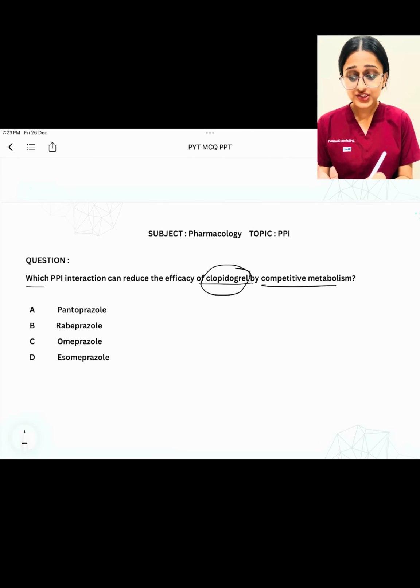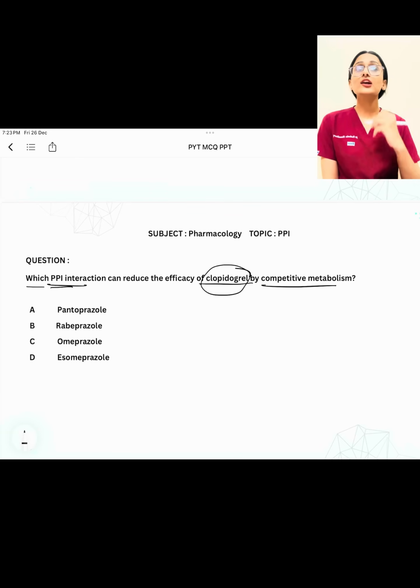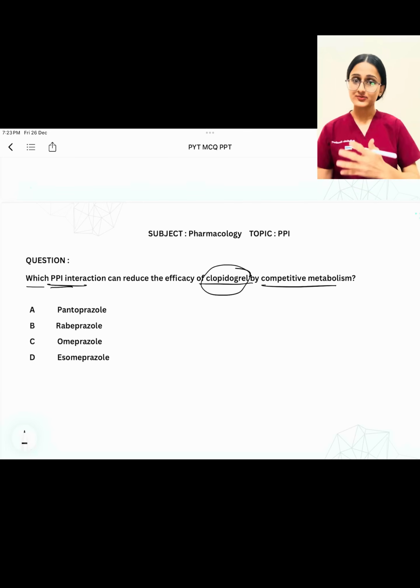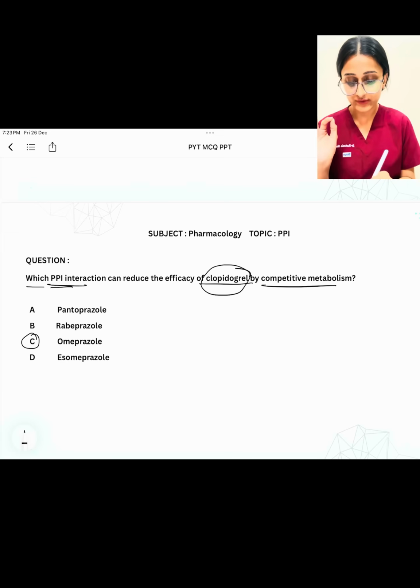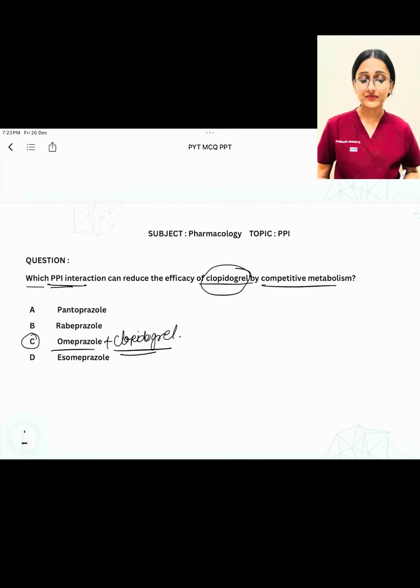Which PPI interaction can reduce its efficacy? If someone is taking clopidogrel and also taking one PPI drug along with it, maybe he must have some acidity issue. That is omeprazole. If he is taking omeprazole and clopidogrel together, clopidogrel will not work, because clopidogrel is activated by a CYP enzyme which is CYP2C19.